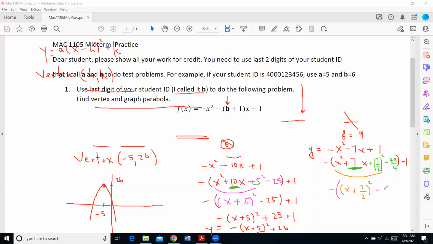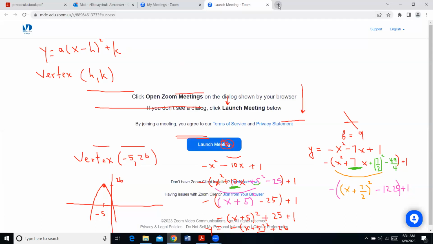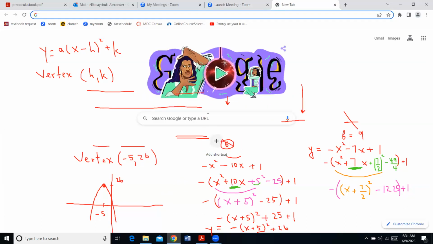So it's going to be like 12.25. I say, how would you know that? Well, get a calculator and divide. You can just type it in here, on a scientific calculator.